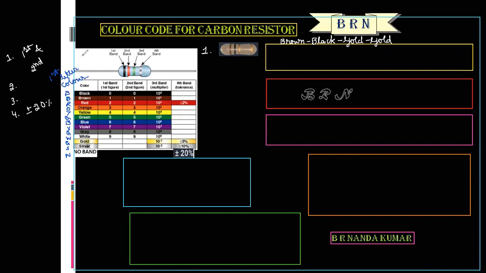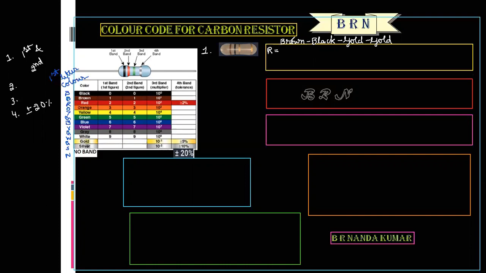Now use these 4 points. By using these 4 points, we have to find out the resistance of this given carbon composition resistor, right? So R is equal to, the colors of first two bands indicate what? First and second significant digits of resistance in ohm.